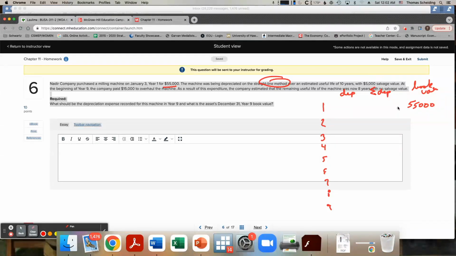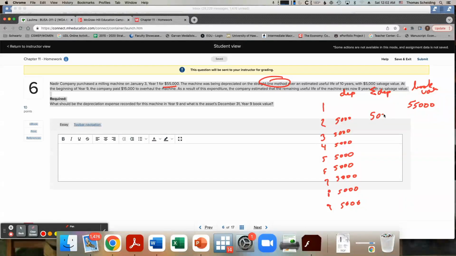So what that would mean here is that these are all going to be 5,000. This is our straight line method, all the same depreciation cost. And then we would sum this up here.